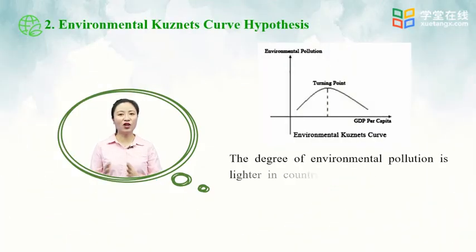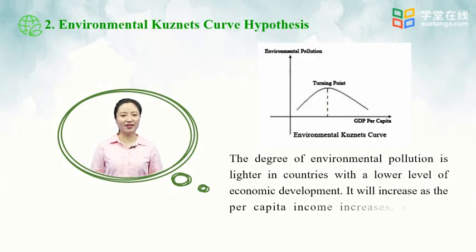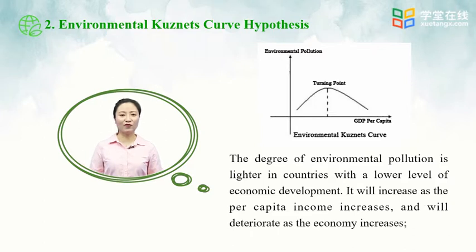After the introduction of the origin of EKC, let's take a look at its form. As you can see, in the environmental Kuznets curve, the abscissa represents GDP per capita and the ordinate represents the environmental pollution indicator. These two indicators vary according to the studies.